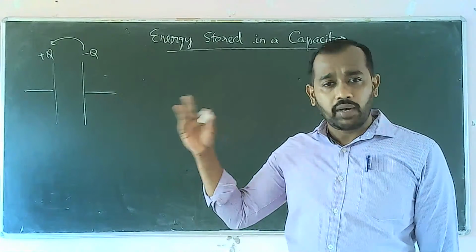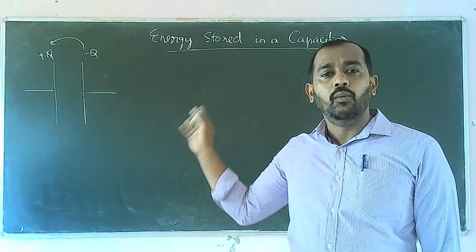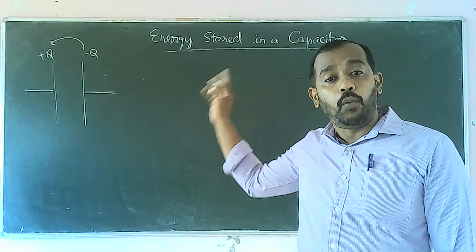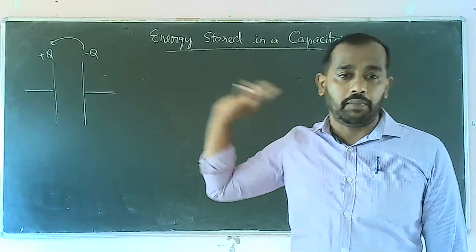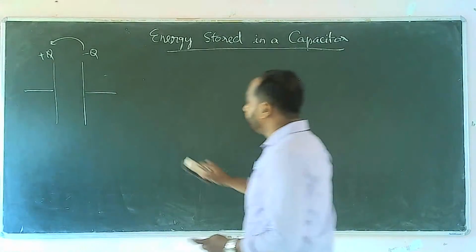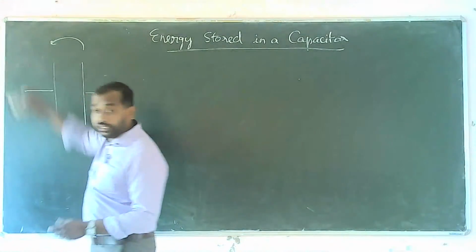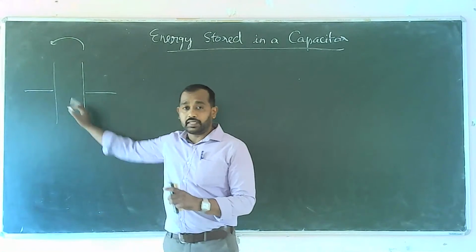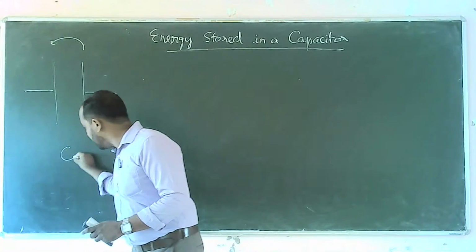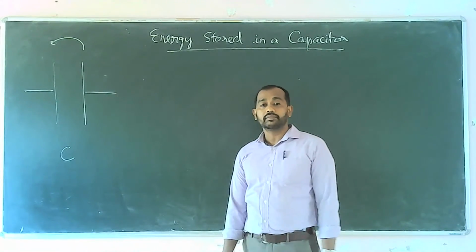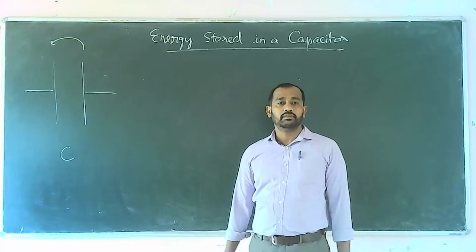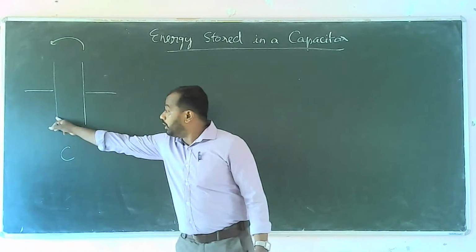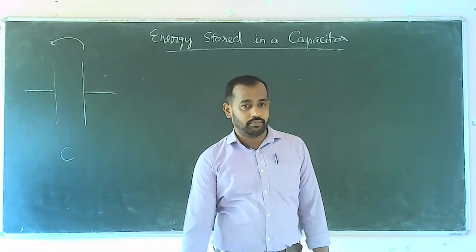But for our convenience, we are going to assume that we are transferring positive charges from one plate to the other plate. Just as an assumption, initially this capacitor, whose capacitance is C, a fixed value for a given arrangement, has both plates electrically neutral.